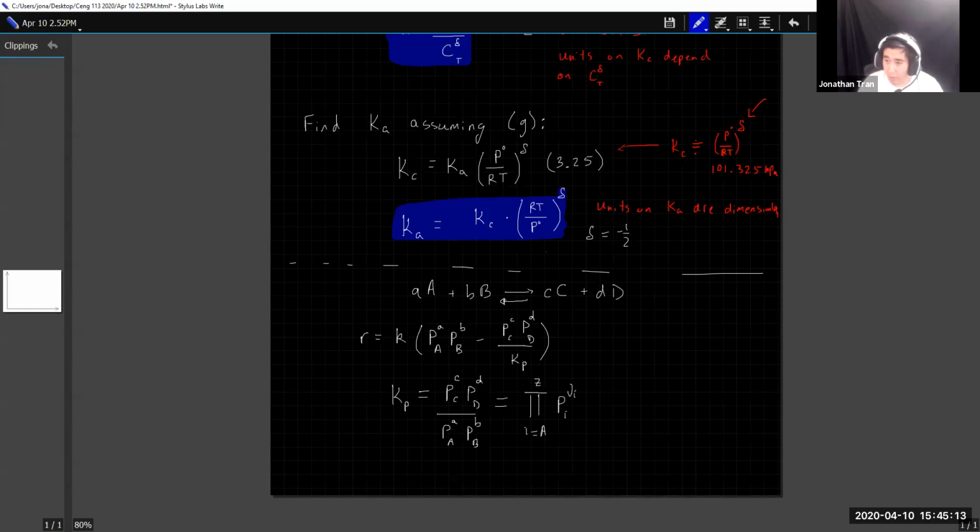So if you're writing your rate law for some reason in terms of partial pressures, if you're asked to, these would be the corresponding equations that you would use. And this is equation 3.26. Seems like both of these are labeled, or they're both kind of under 3.26 on page 94.